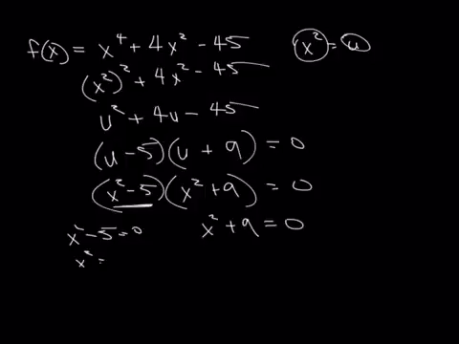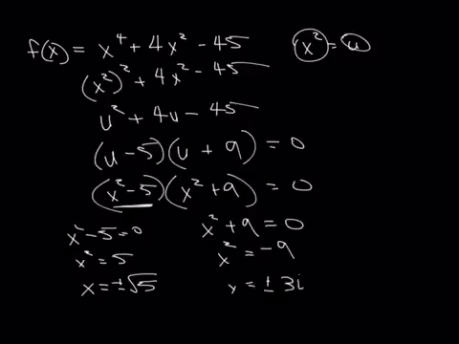x squared equals 5, x equals plus or minus the square root of 5. And this one, x equals plus or minus 3i, because remember, this is going to be the square root of negative 9, which is the square root of 9i, which then becomes a 3.